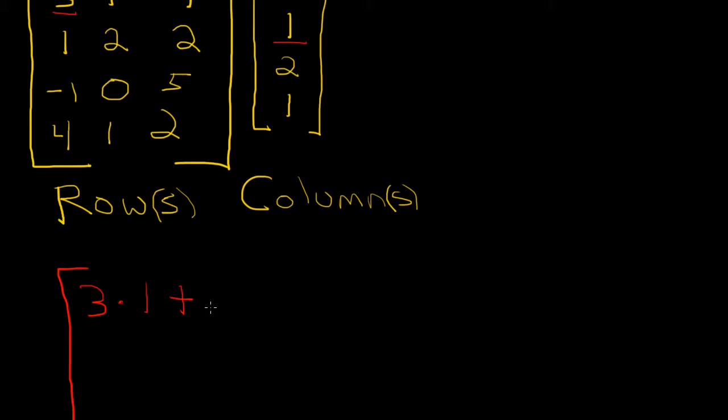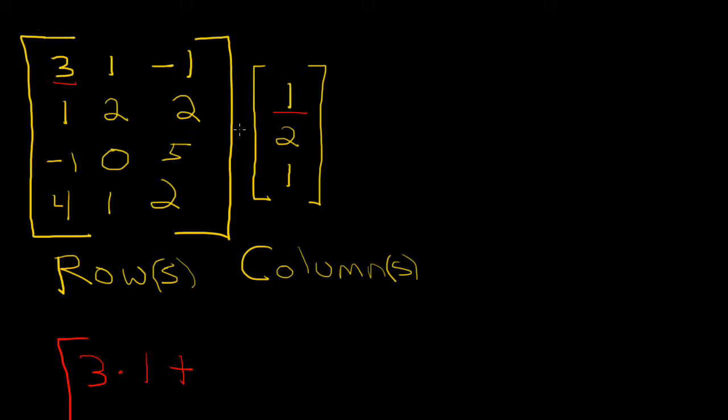Then we add the next multiplication, and you're going to note that in order to go to the next one, we have to move to the right. So now we're going to move over to this one, and for the 1, we're going to multiply it against the 2.